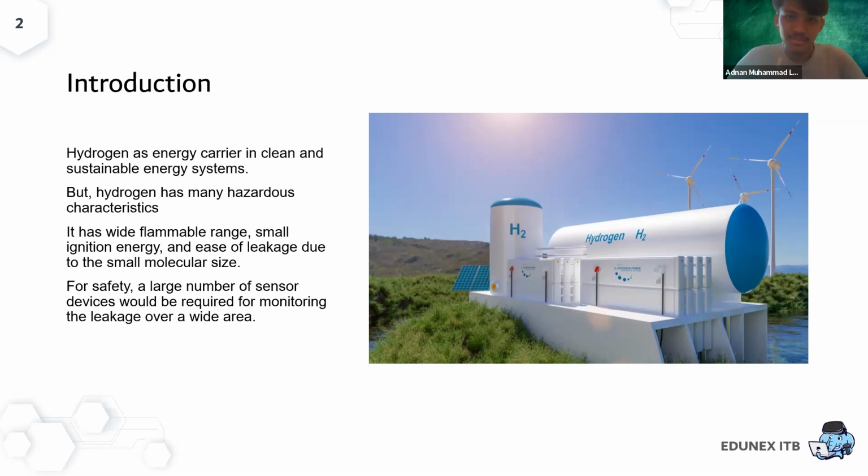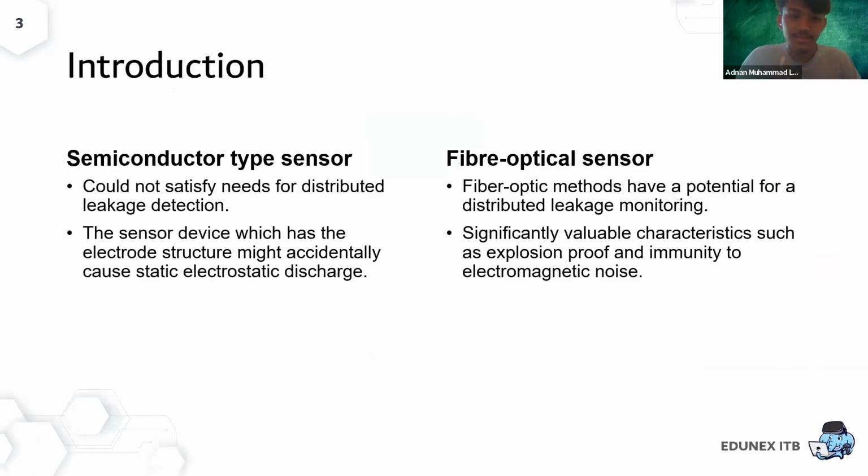So to avoid something that we don't want, that might be the explosion of the hydrogen tank, for safety we need a large number of sensor devices that can monitor leakage over a wide area. So how can we do that? The sensor that is widely used now is the semiconductor type sensor, but it cannot satisfy the need for distributed leakage detection.